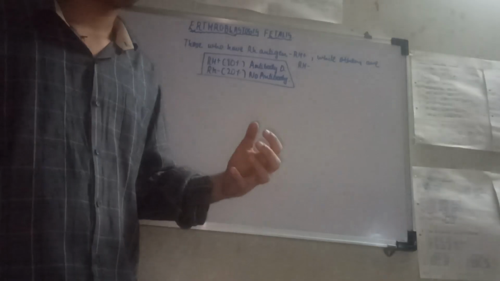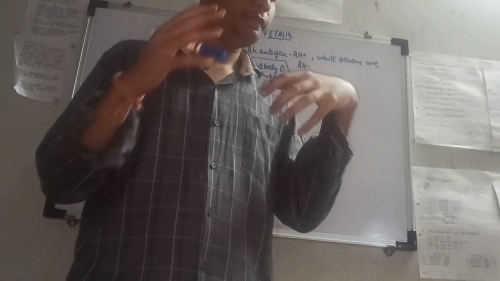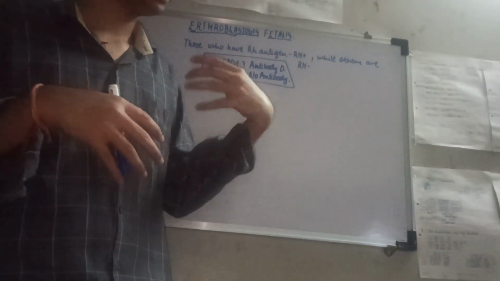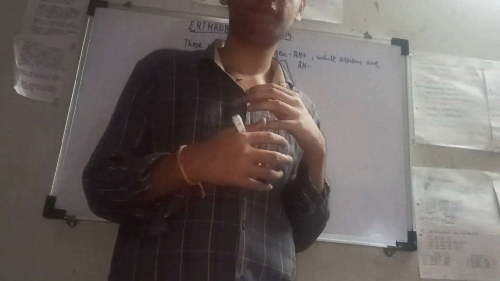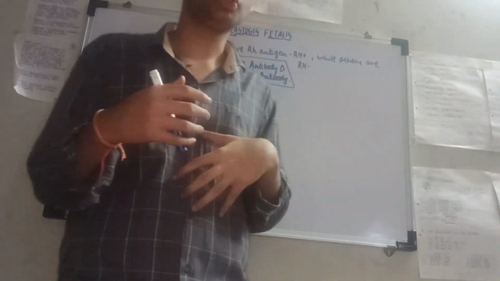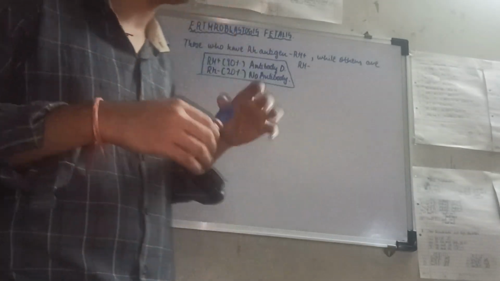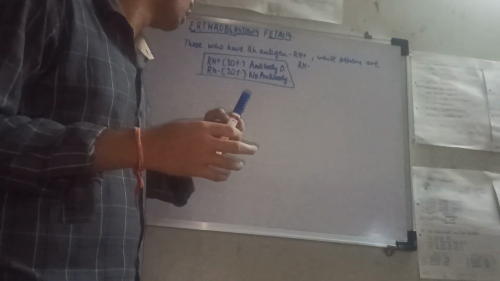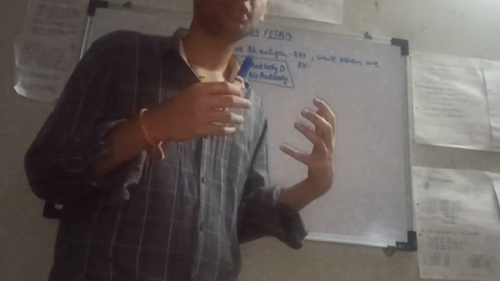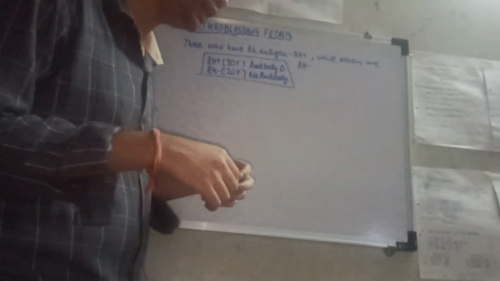So erythroblastosis fetalis is the special case where the mother, who is RH negative, and the fetus or the child is RH positive. So what is the condition taking place at that time? We will study that.